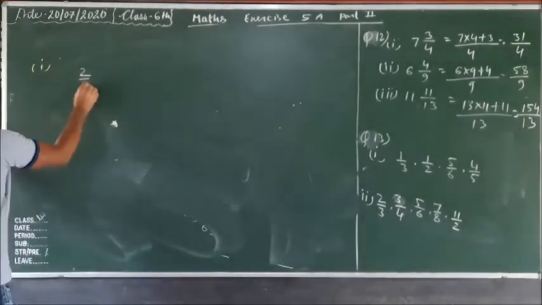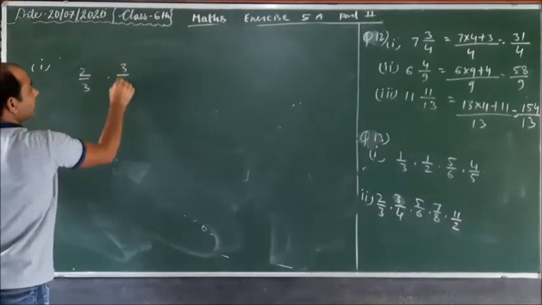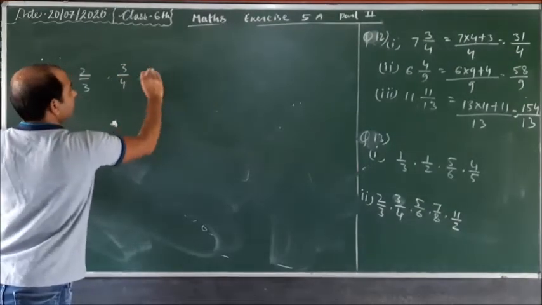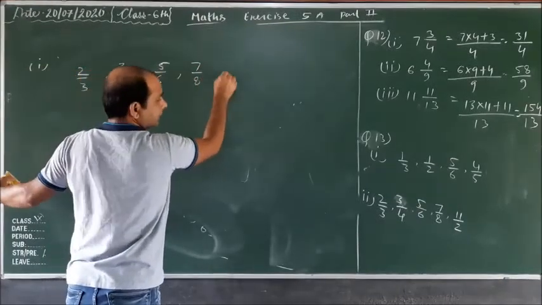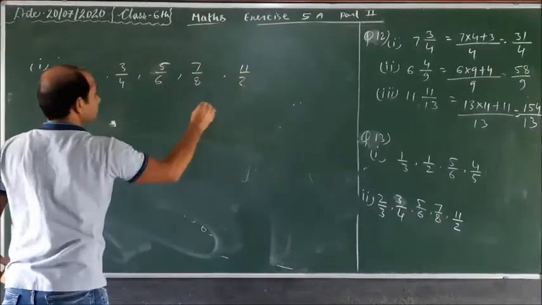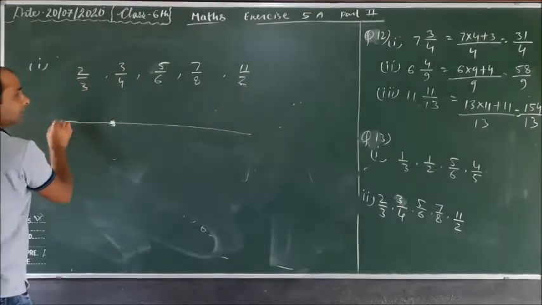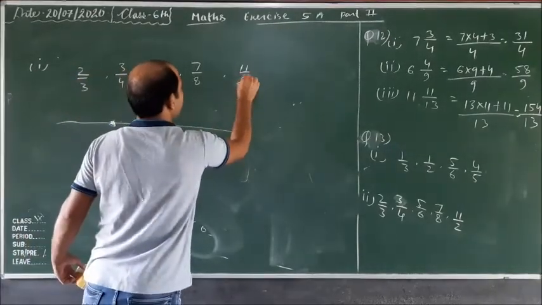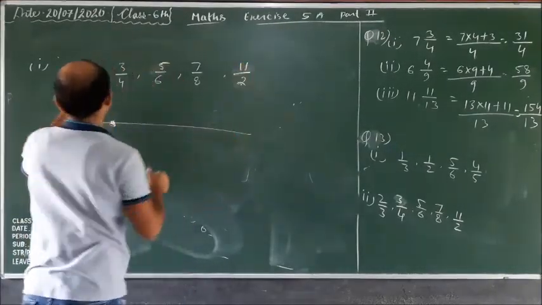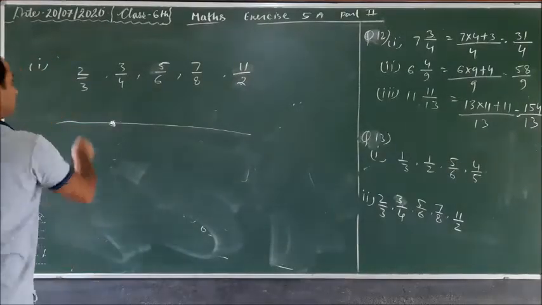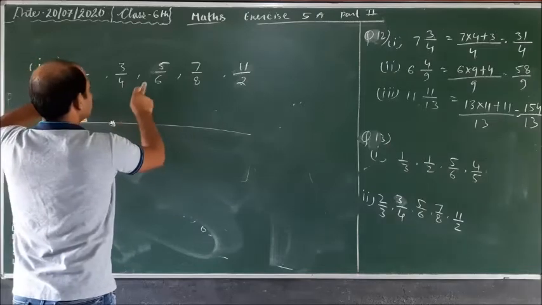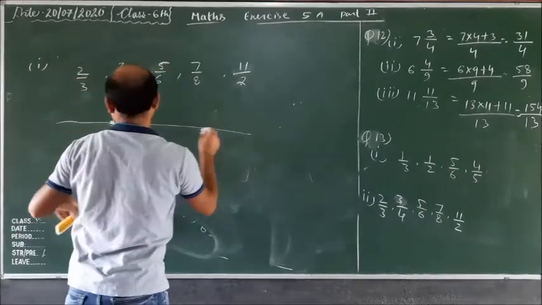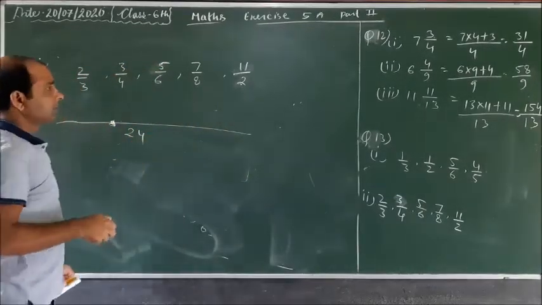2 upon 3, 3 upon 4, 5 upon 6, 7 upon 8 and 11 upon 2. So dear children, we find the LCM of these denominators. This is a prime number, this is a prime number, 2 4s, your LCM is 24.